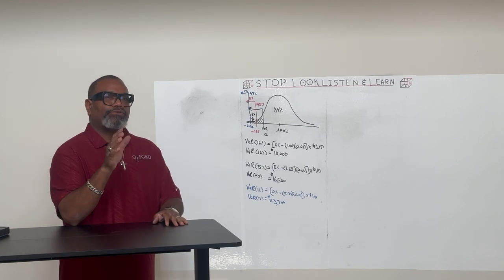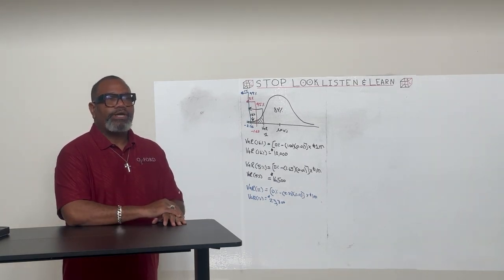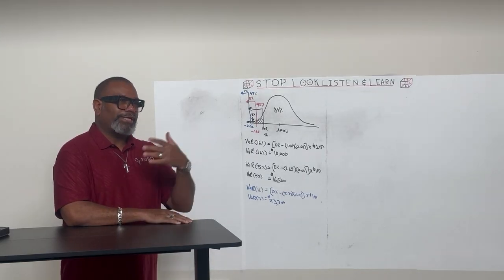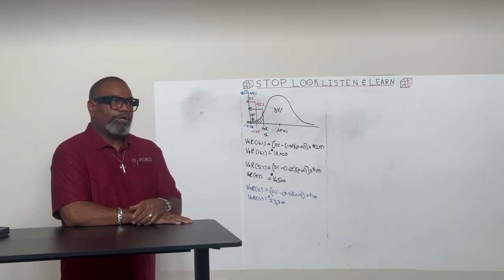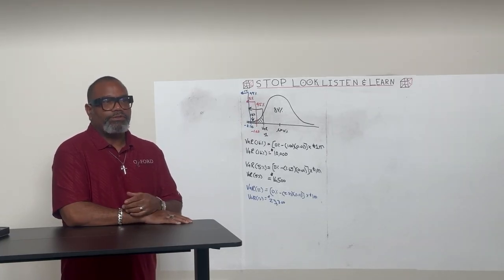And that's one of the major drawbacks of VaR. It tells you there's a certain probability that you're going to have losses in excess of a certain amount, but it doesn't tell you how much those losses would be.